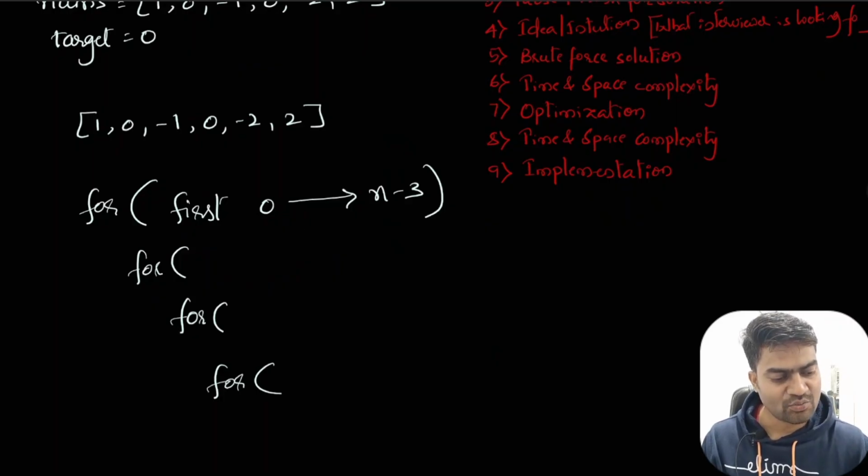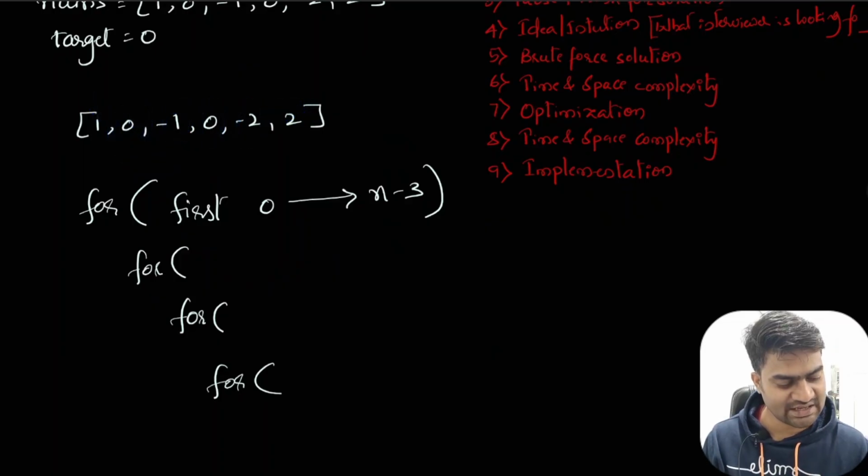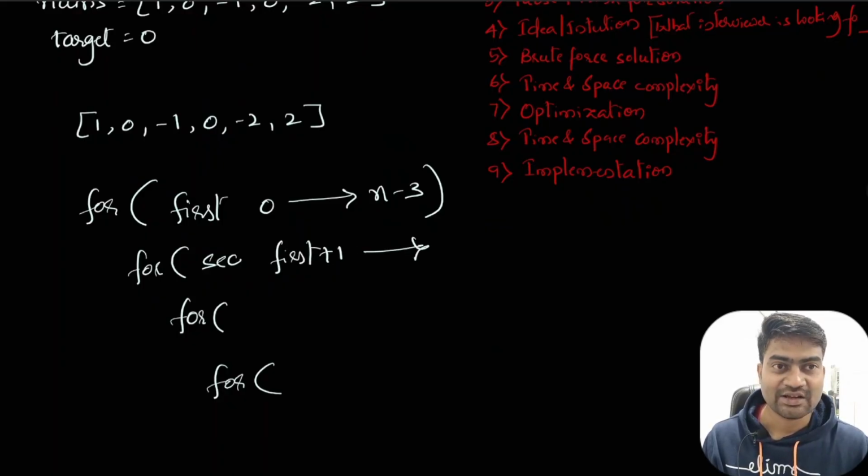Next, the second loop. If this was my first number, then my second number always started one index after that. Then it traveled to the next index, next index, something like this, correct, right? So now my second number starts from first plus 1, then it iterates until not n, and not n minus 1 basically.